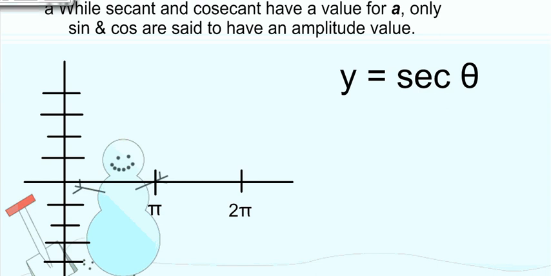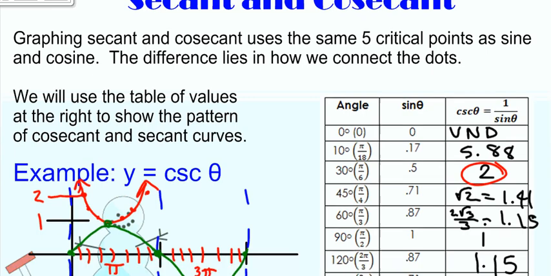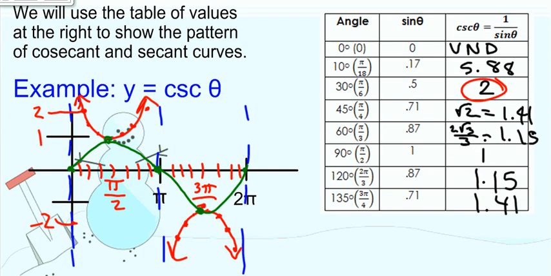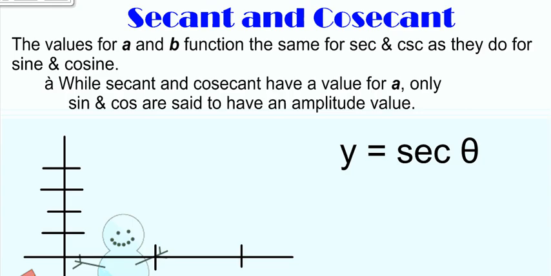I like to first think of what the cosine graph would normally look like and then base my secant graph off of that. If you recall back to the cosecant graph, wherever the sine turned, we had our parabola's vertex. The same thing happens with secant.